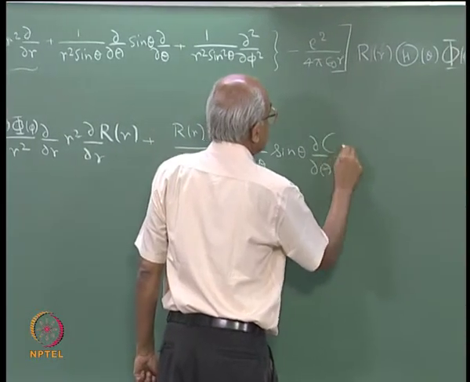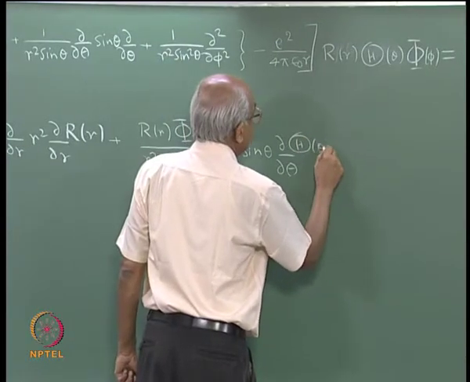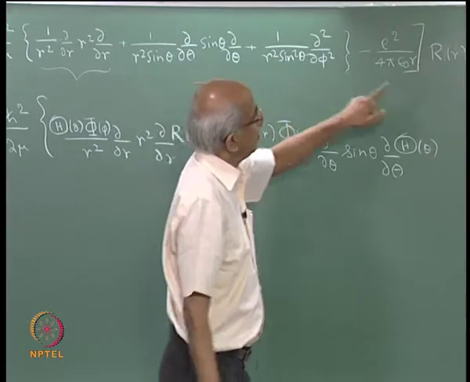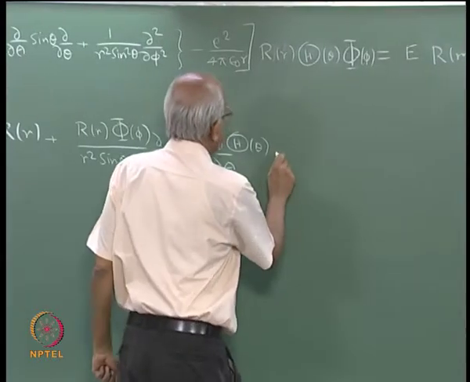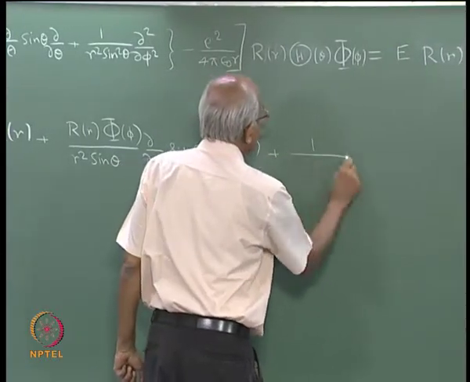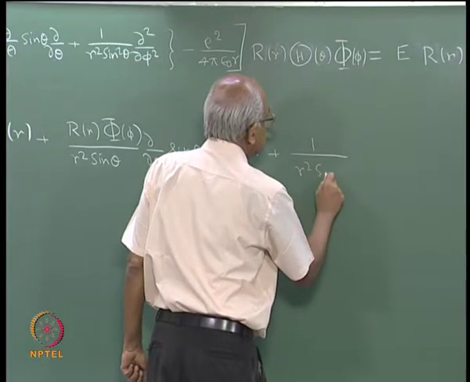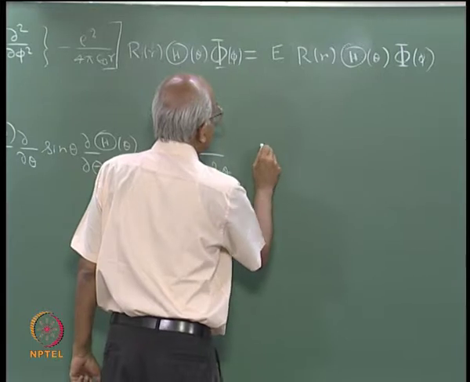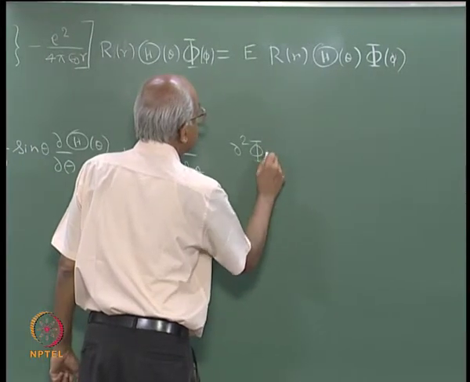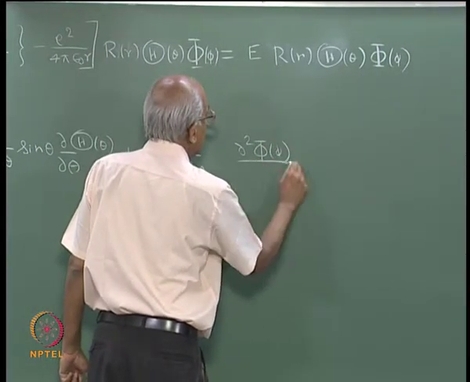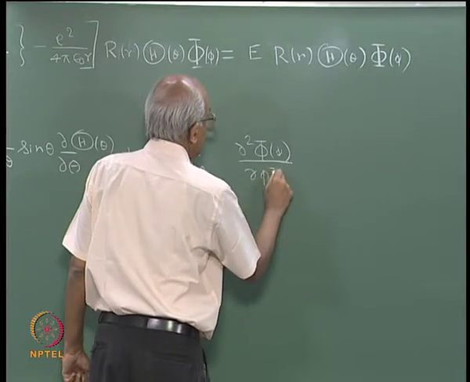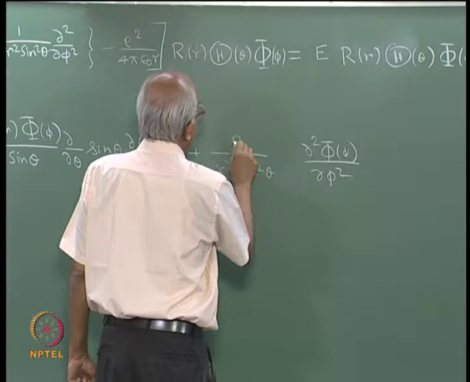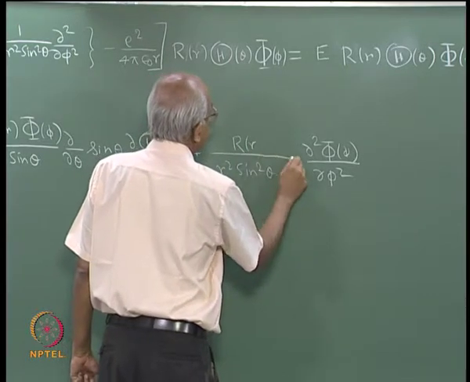The operator affects only capital theta of theta, and similarly the last operator affects only capital phi. So, let me write that. Capital R and capital theta are unaffected, so I can write them here.